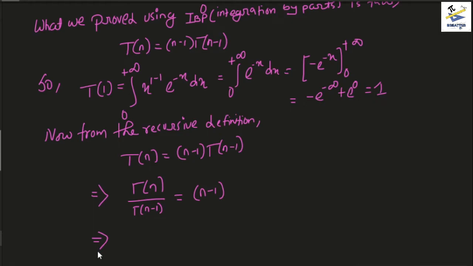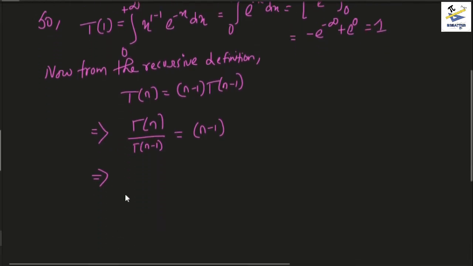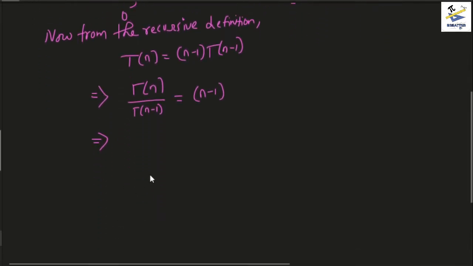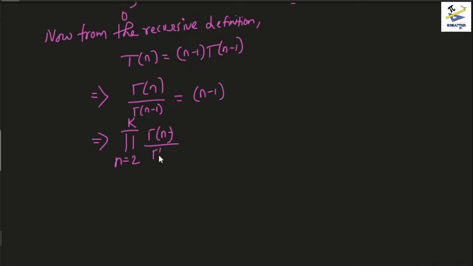Basically what I mean is this: if you were to do a product here, for gamma n by gamma n minus 1, and the same thing on the right hand side, for some natural number k, up to some natural number k, where k is greater than or equal to 2.